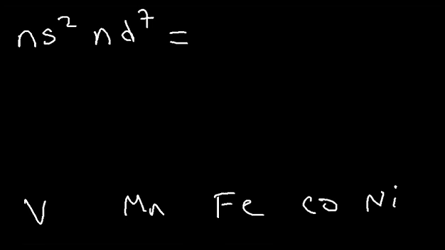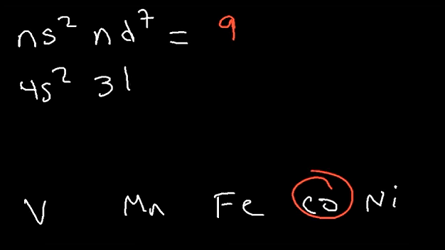So 2 plus 7 is 9. So it has to be group 9, which is basically the 9th column. So this is going to be cobalt. Cobalt has the configuration 4s2, 3d7. If you count starting from the left, it's in the 9th column. So it's in group 9 of the periodic table.